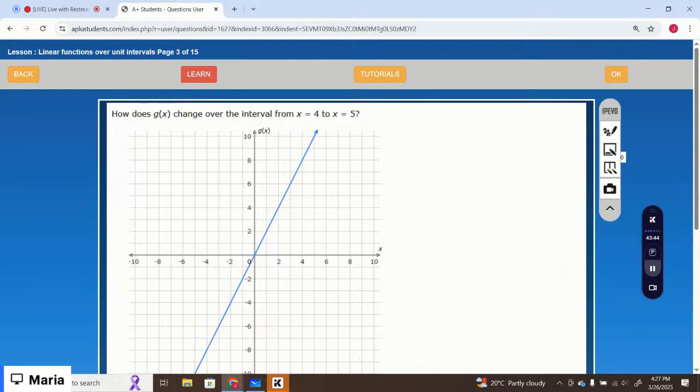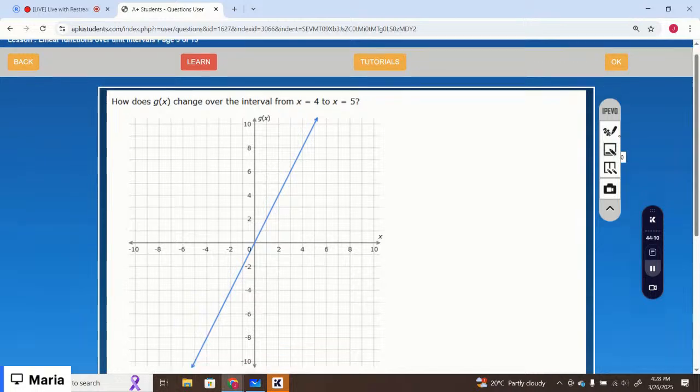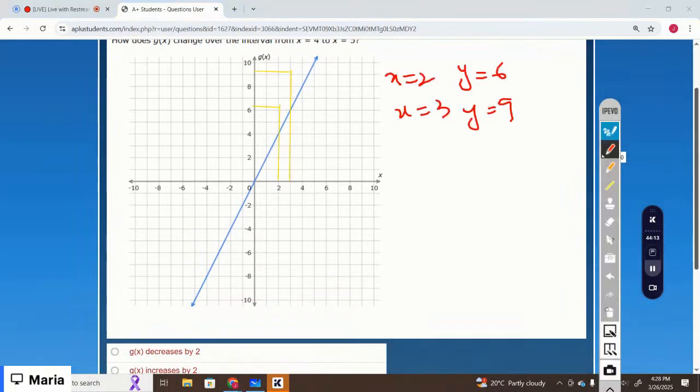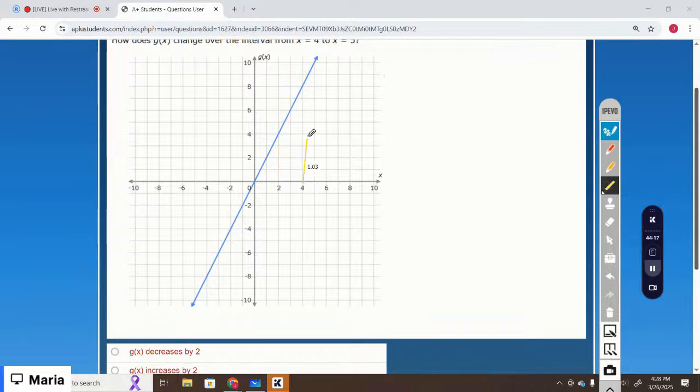How does g of x change over the interval from x equals 4 to x equals 5? When x equals 4, y equals 8.